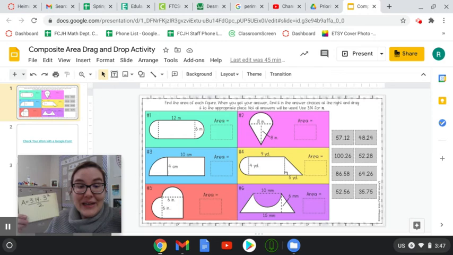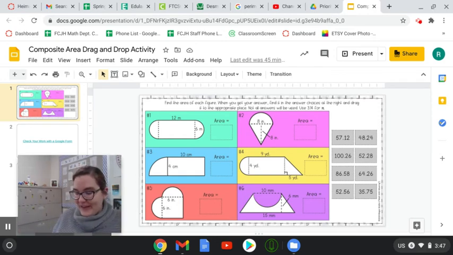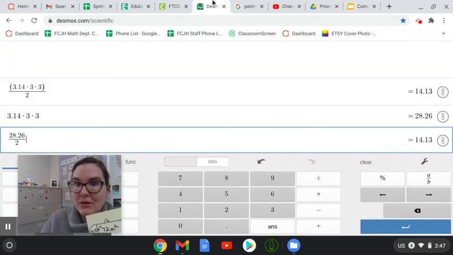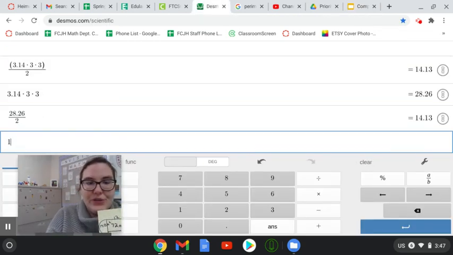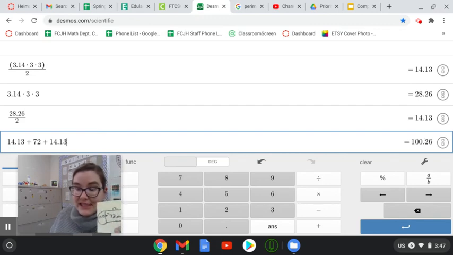But I did it this way, and it's going to work. To find the full area now, I just add up the parts that I have written down. It's very convenient. I'm so glad I have it written down. So 14 and 13 hundredths plus 72 plus 14 and 13 hundredths. There's my answer: 100 and 26 hundredths meters squared.